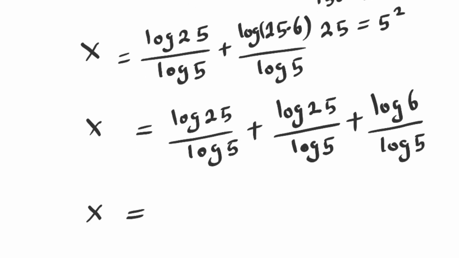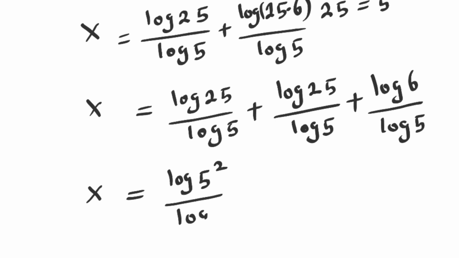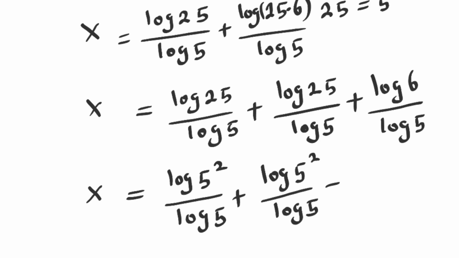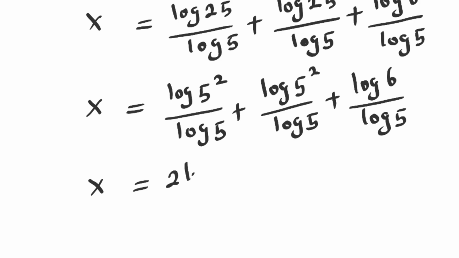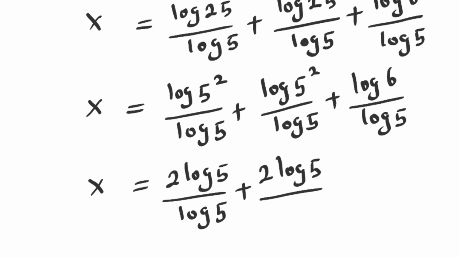x is equal to log 25 can be written as log 5 square all over log 5 plus log 5 square all over log 5 plus log 6 all over log 5. x is equal to log 5 square can be written as 2 log 5 all over log 5 plus 2 log 5 all over log 5 plus log 6 all over log 5.